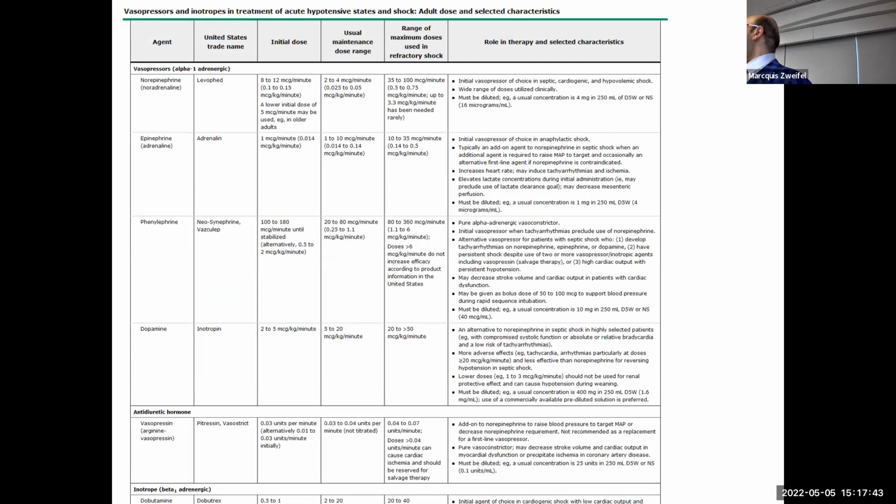Norepinephrine is first line for what type of shock? Septic shock, right? Epinephrine is first line for anaphylactic shock, right? Phenylephrine and vasopressin don't increase your heart rate.